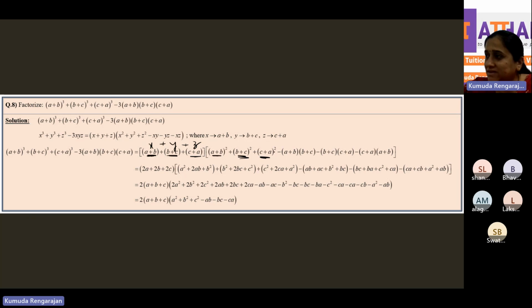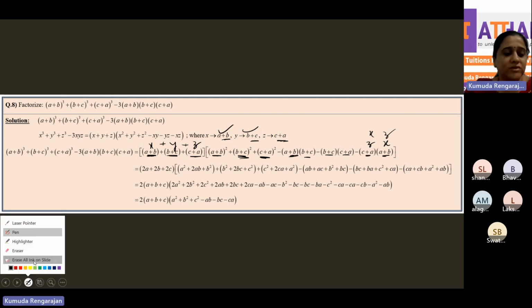Then minus x into y, minus yz, minus zx or xz. Any order, you can write zx or xz, whatever order.